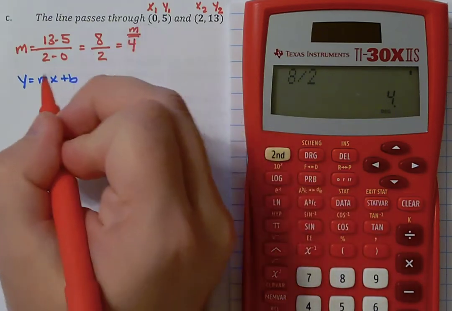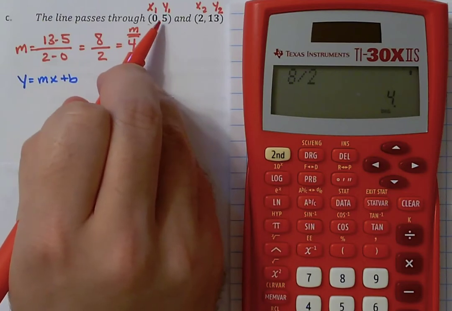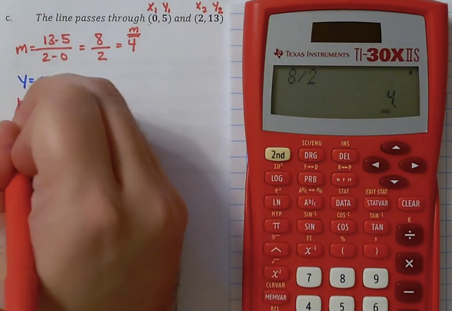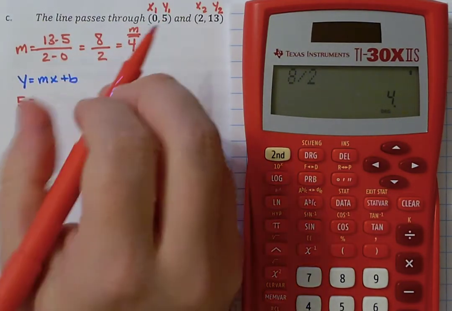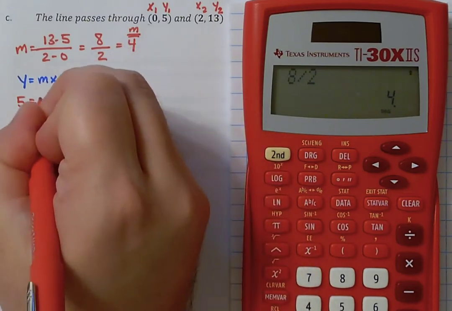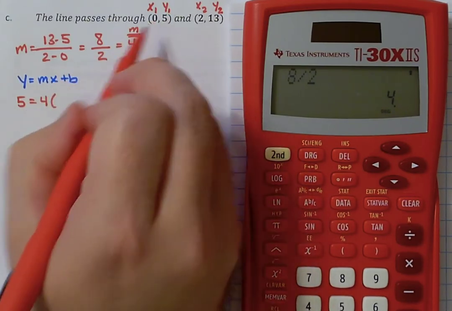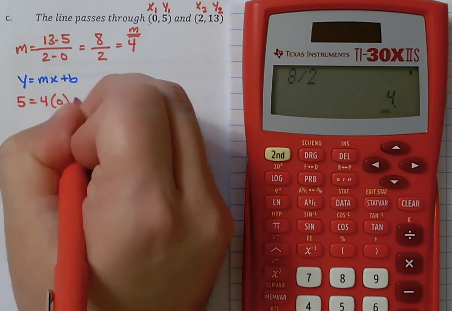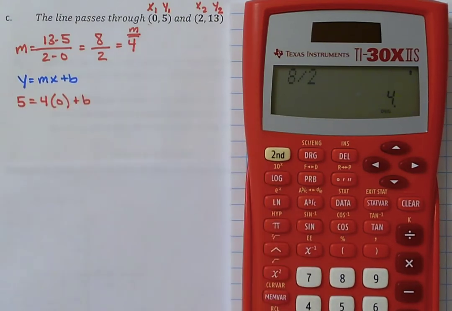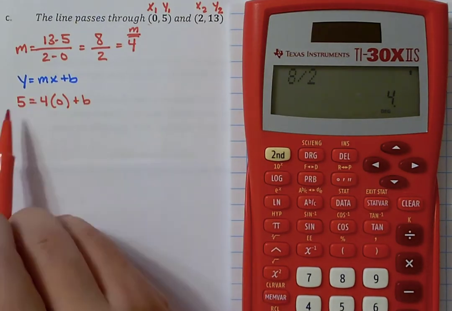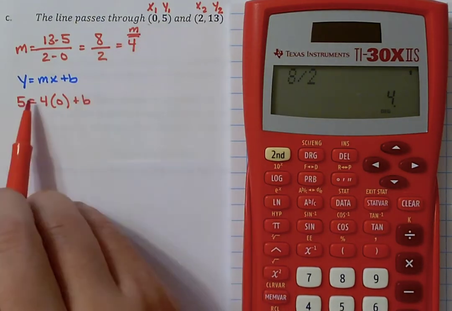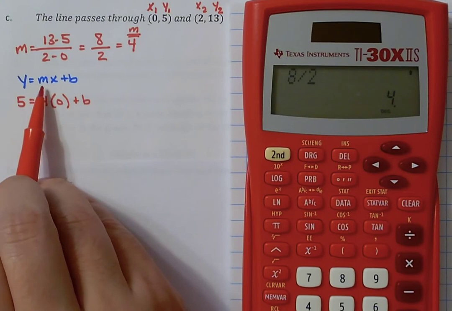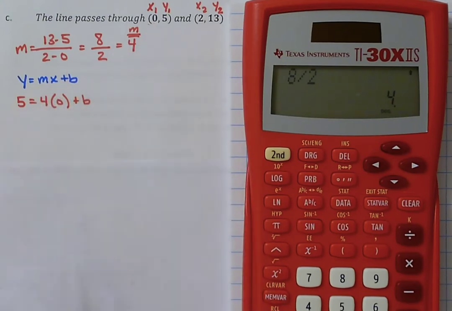So if we plug everything in, my 5 is going to be my y. So this is going to be 5 equals, my slope is 4, and then my x is 0. So I have 5 equals 4 times 0 plus b. Again, 5 is my y, 4 is my m, and 0 is my x.